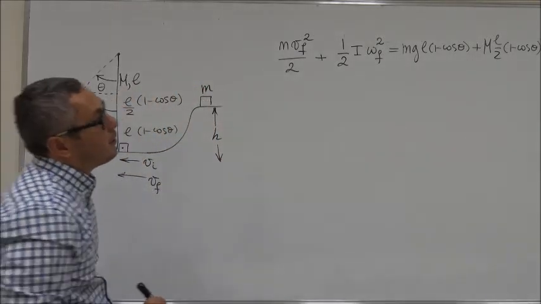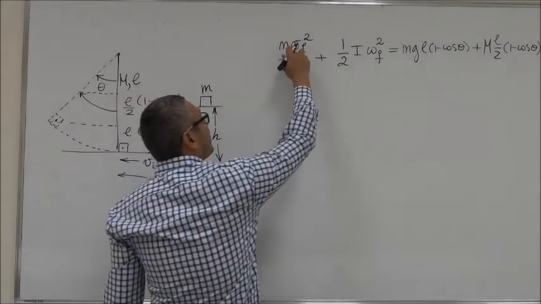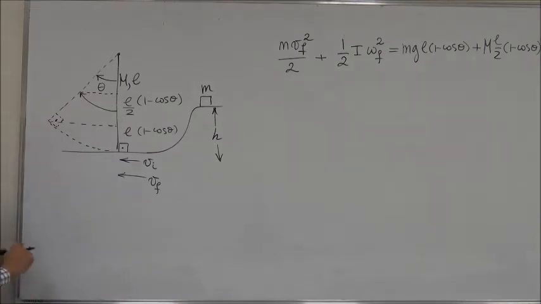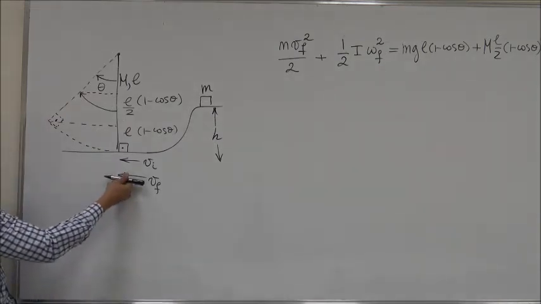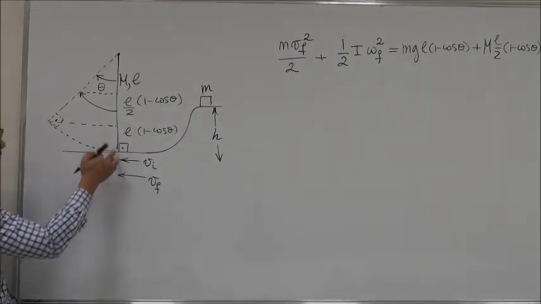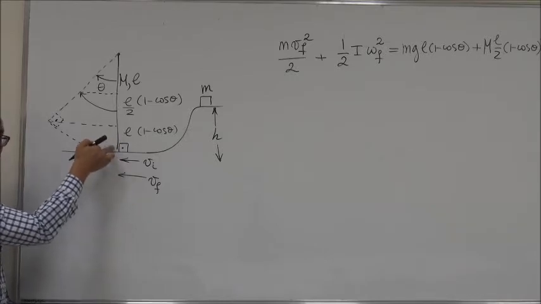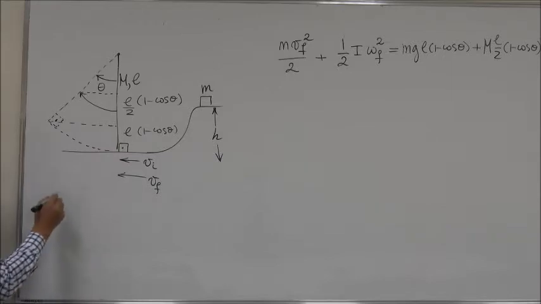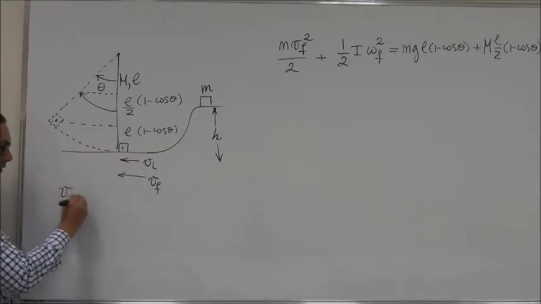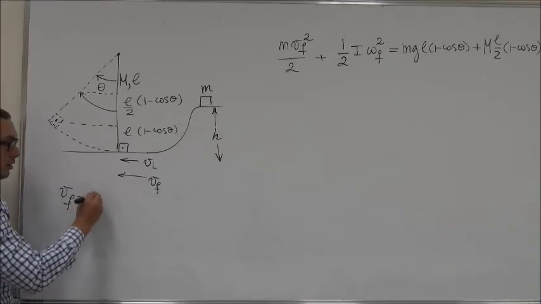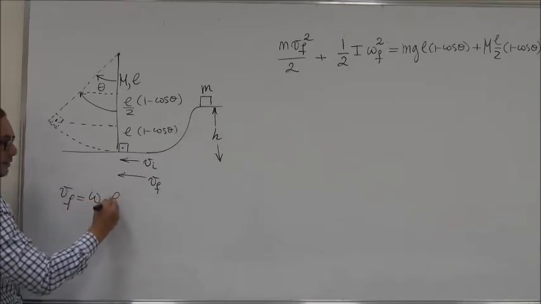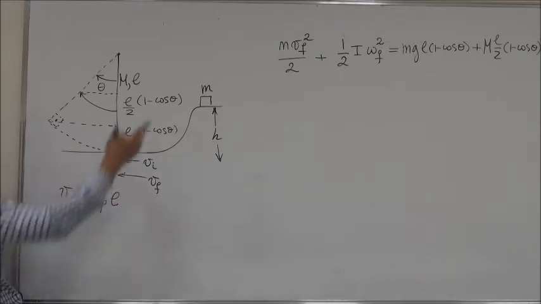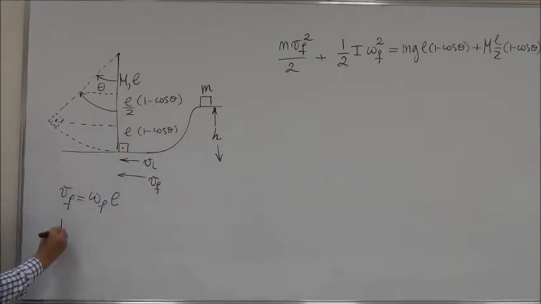We can now also relate v final to omega final. v final is the velocity of the block right after the collision when it's already attached to the rod. So you can say that v final is equal to omega final times L. Let's use that in the equation.